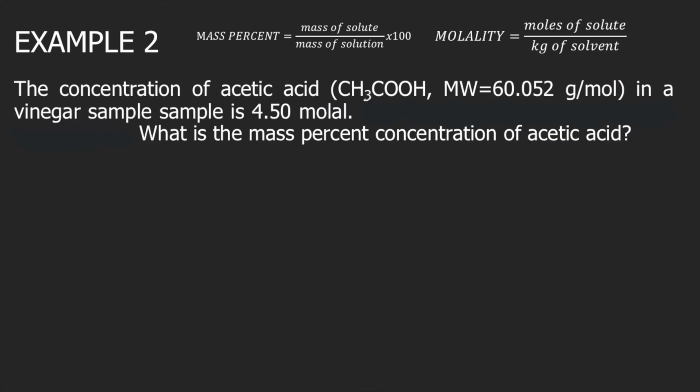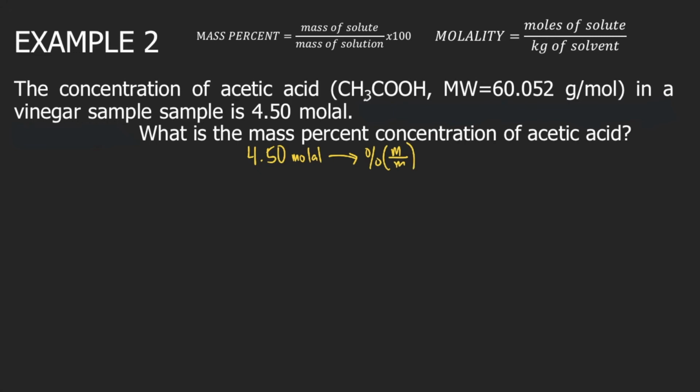Let's try our next example. The concentration of acetic acid in a vinegar sample is 4.50 molal. What is the mass percent concentration of acetic acid? So in this problem, we are given 4.50 molal, and we will be converting this to percent by mass.